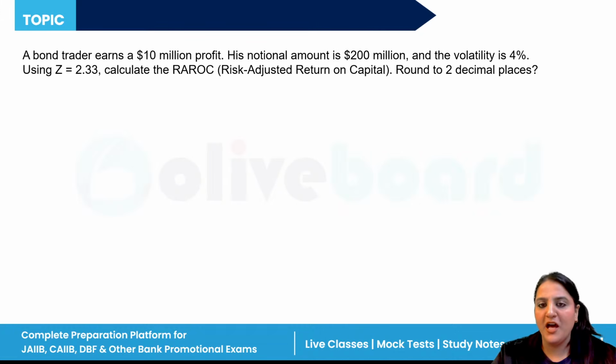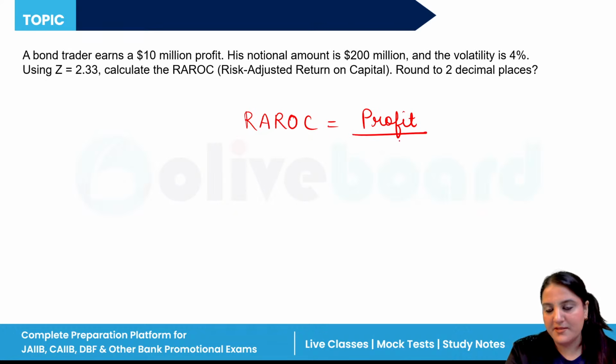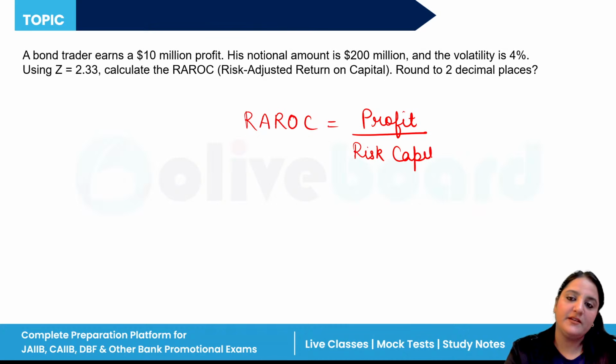What is the formula of RAROC? RAROC is profit divided by risk capital. And how to find this risk capital?